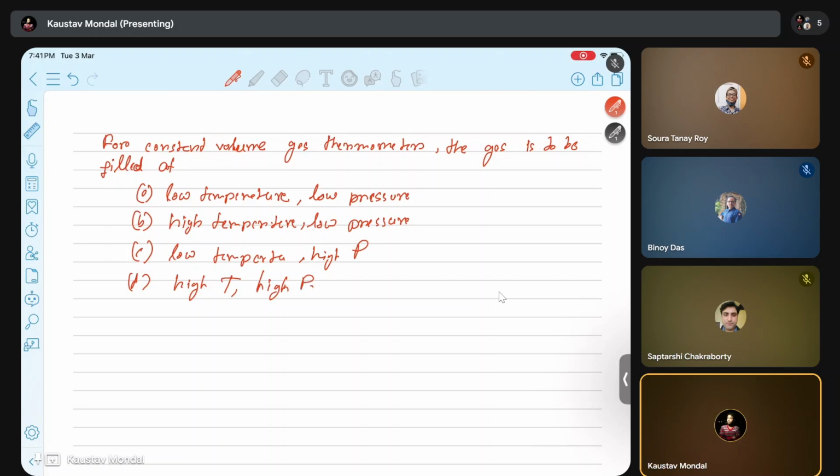Okay. So as you know, we basically want that gas to follow this. The gas whose temperature we want to calculate is basically a real gas, right?